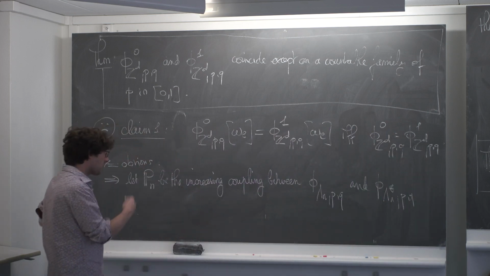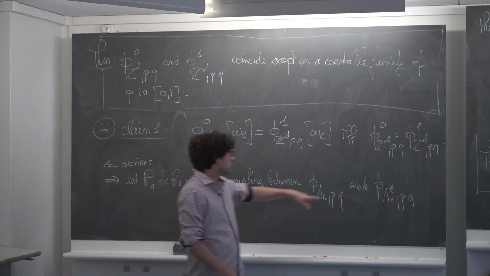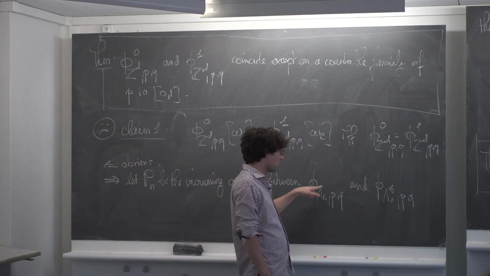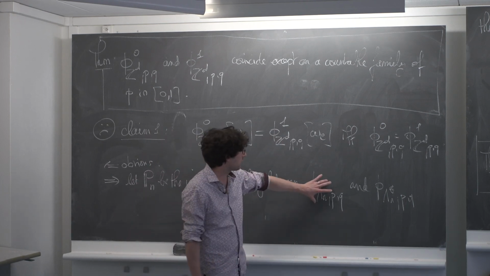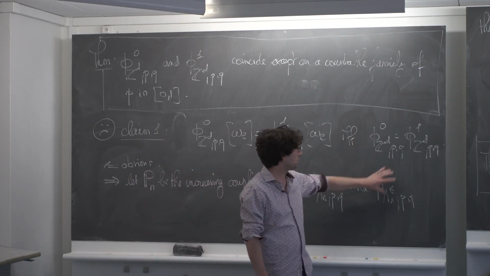Okay, so I consider the increasing coupling between these two, which is given by the fact that this graph is larger or equal to this graph. So I have this increasing coupling. Remember that when n tends to infinity, this converges to this, and this converges to this.